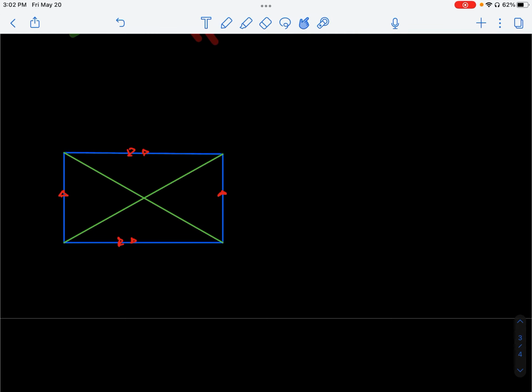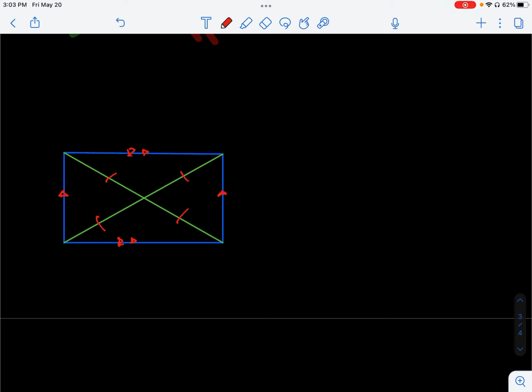The last special kind of parallelogram, we're going to find out its qualities. Here we have a parallelogram. We have our diagonals drawn. But here we know that a parallelogram is a rectangle if and only if the diagonals are congruent.